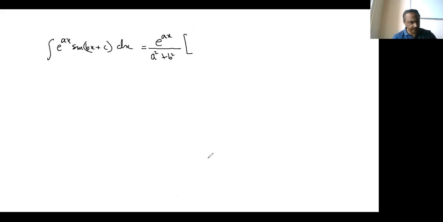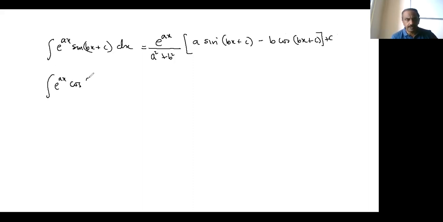a sin bx plus c minus b cos bx plus c, plus C. And when you integrate e raised to ax into cos bx plus c, your answer will be e raised to ax upon a square plus b square.